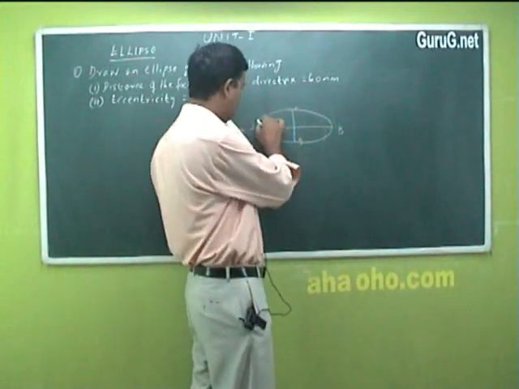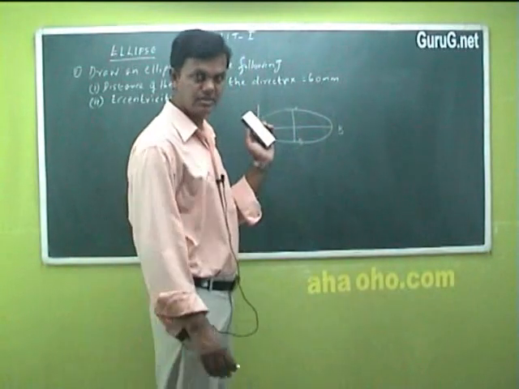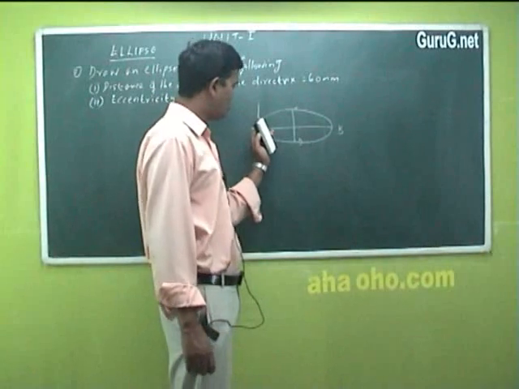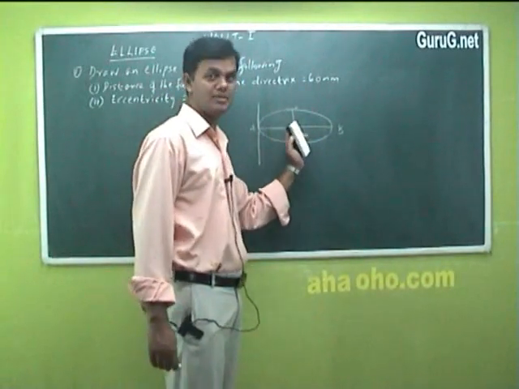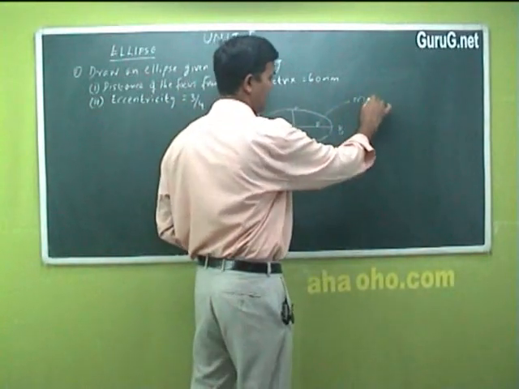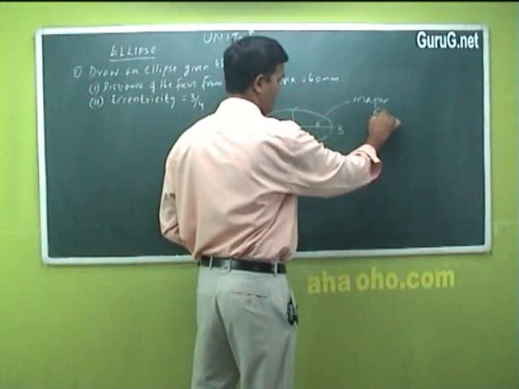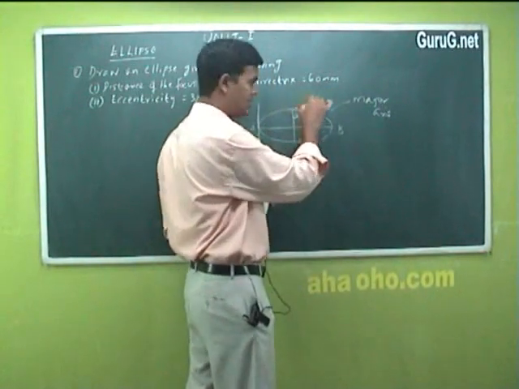So I need a starting point. I could take a starting point for this, and from there I should draw an axis line. This is the major axis, and this one is the minor axis.